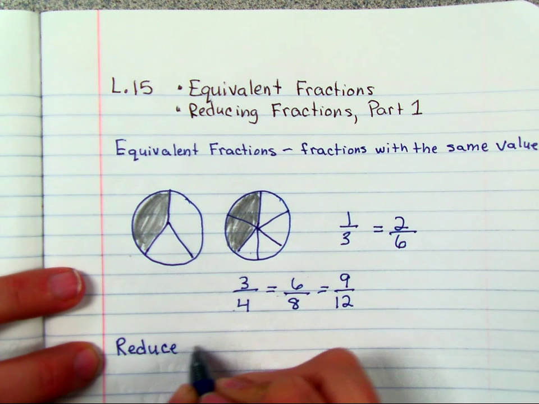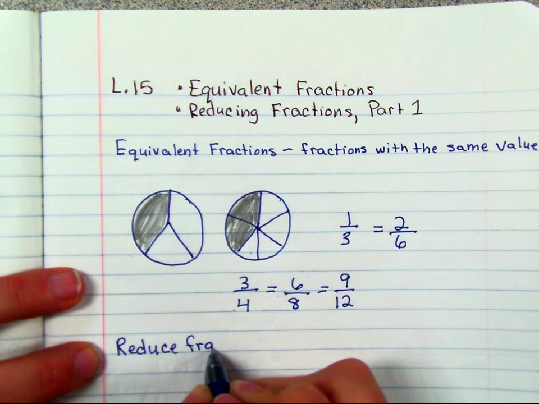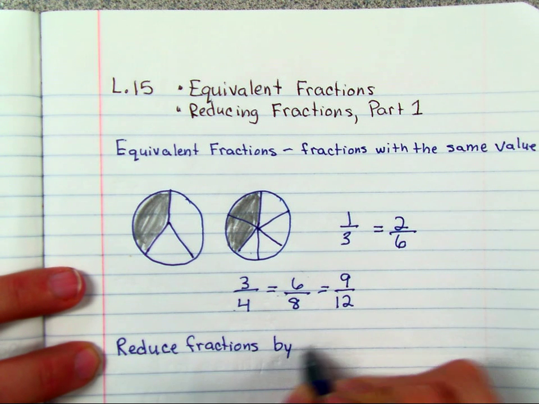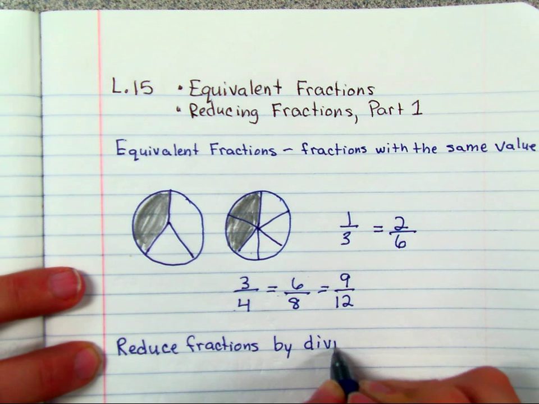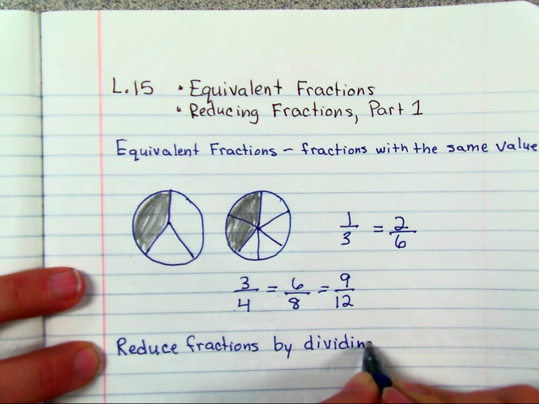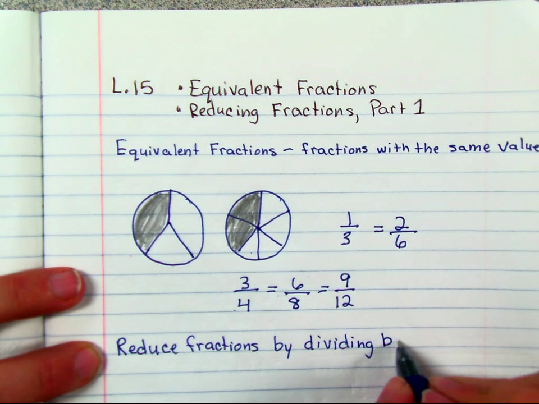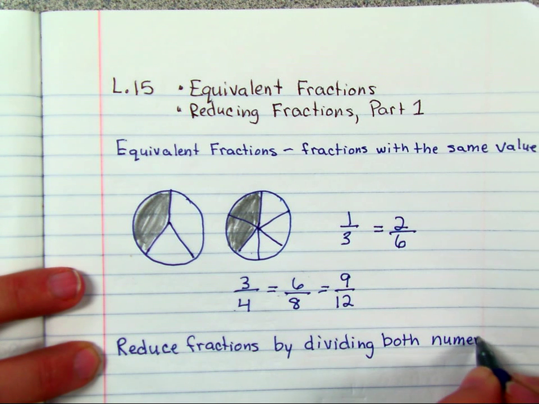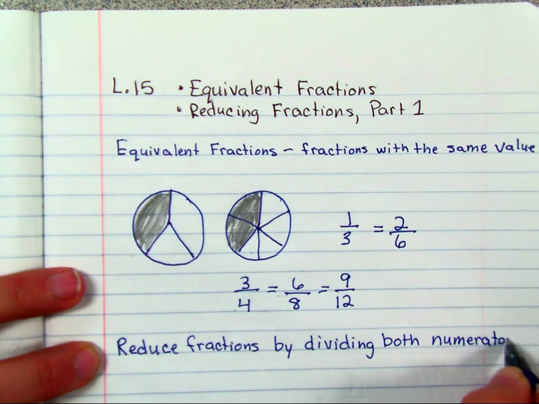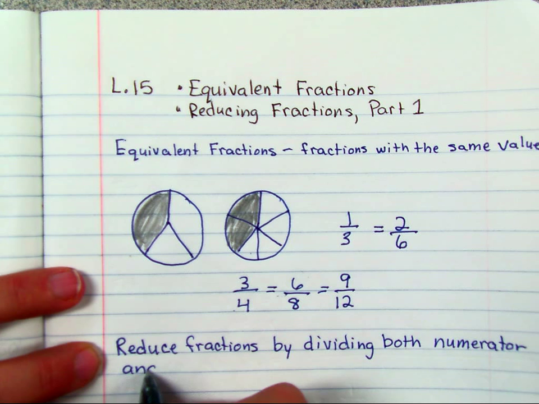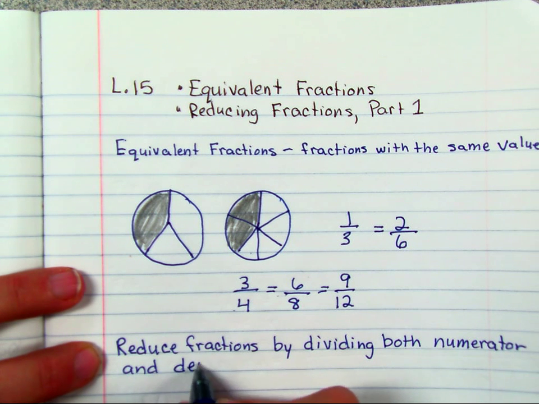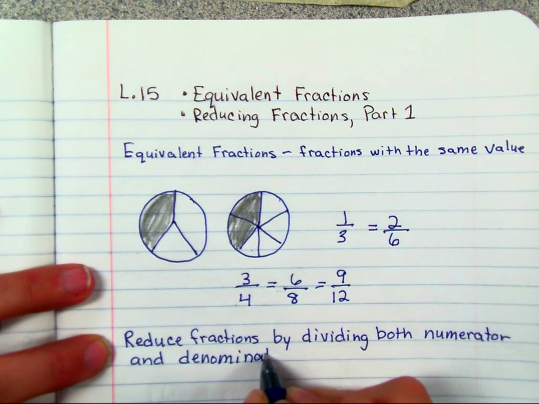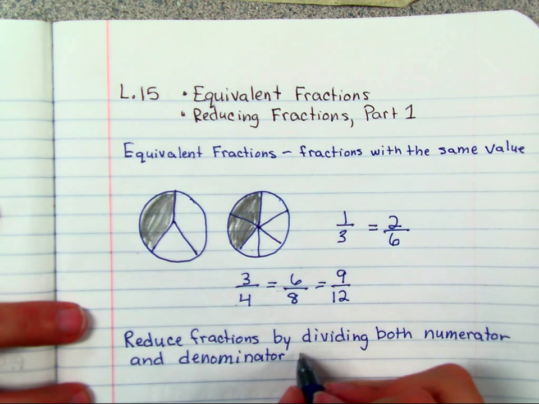We reduce fractions by dividing both the numerator and the denominator by the same number.